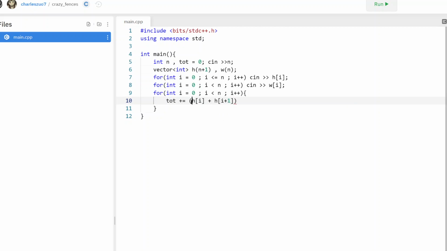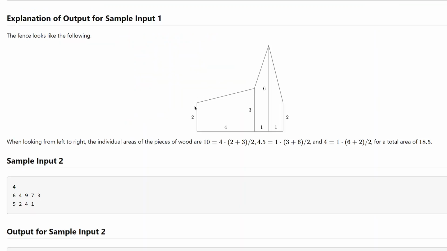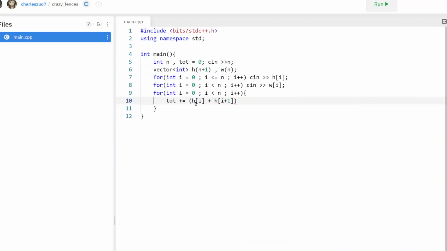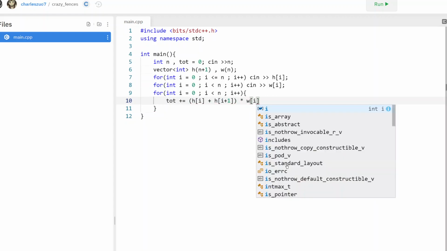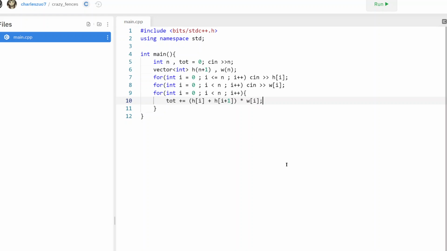So those are the sum of the sides. So this side plus that side of the trapezoid is h[i] plus h[i+1], and times the height. So we have w[i], and that's our total area.